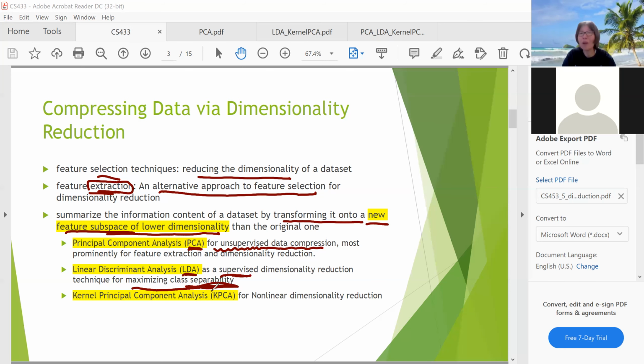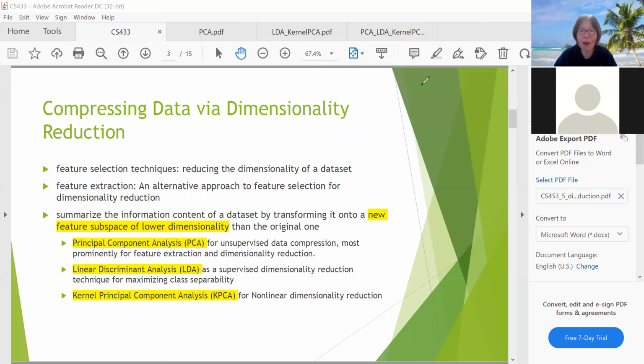We already discussed that SVM uses a large margin to separate classes, but today we will see LDA make class separability from a different approach. Also, for nonlinear dimensionality reduction, we can use the kernel trick, so there is a kernel PCA, a kernel version of PCA.